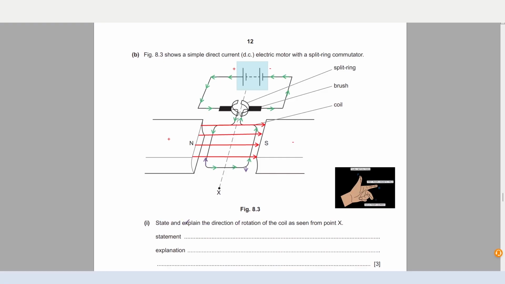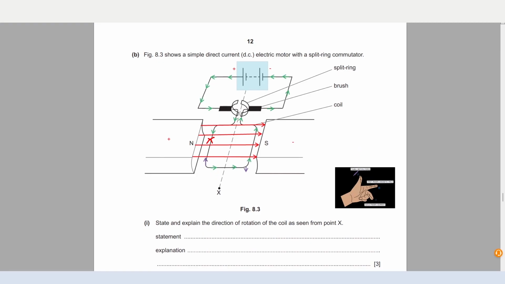So in this part it says state the direction of the rotation. So we're going to take this point, and use our Fleming's left hand rule. So the magnetic field is going towards the right, and we have the current going this way, which is out of the paper, and the force will be up.